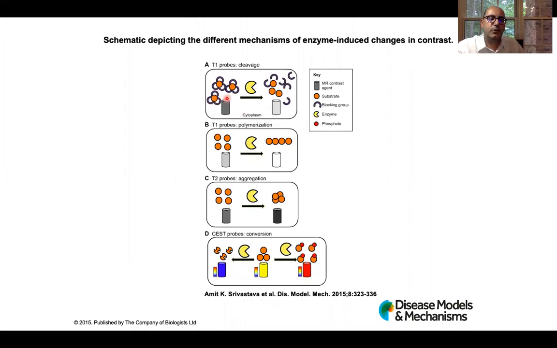The T1 probes can work either by cleavage of a substrate and revealing of the free coordinate of the gadolinium atom, or by polymerization of contrast agents, again gadolinium-based, mostly increasing or shortening the T1 of the target.